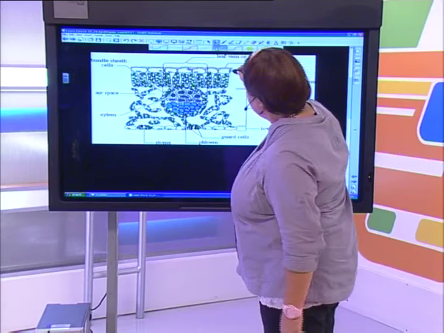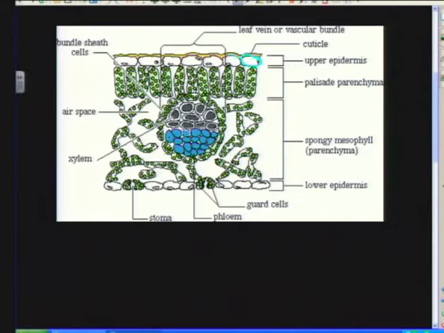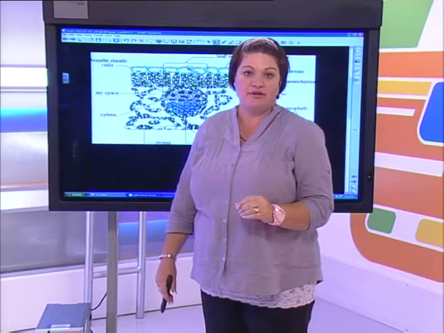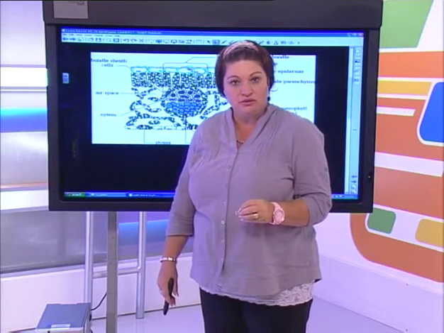This top layer over here, these cells, if you notice, they are thin, they are single cells, and the reason why I chose this diagram as well is that there's no color in it. The epidermal cells that cover the leaf, the very top layer, must be transparent. They must be see-through.